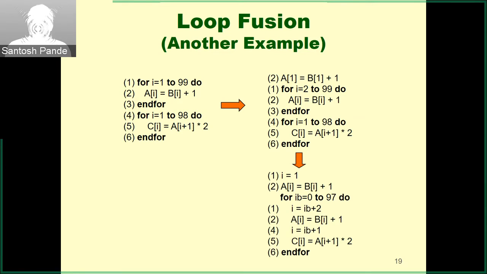And here we go. After doing the peeling, we'll take the first loop, we'll normalize it from 0 to 97, and then we will generate the index sets inside accordingly by shifting by 2 and so on, and by shifting by 1 in another case.